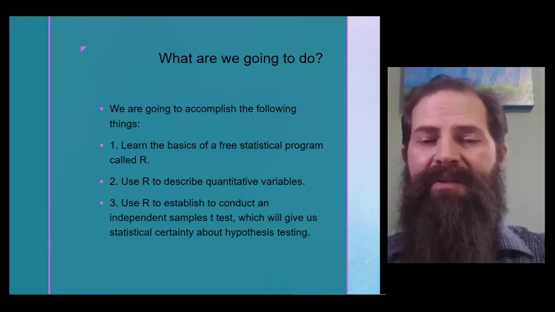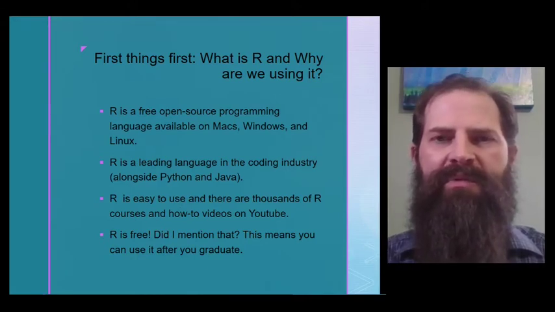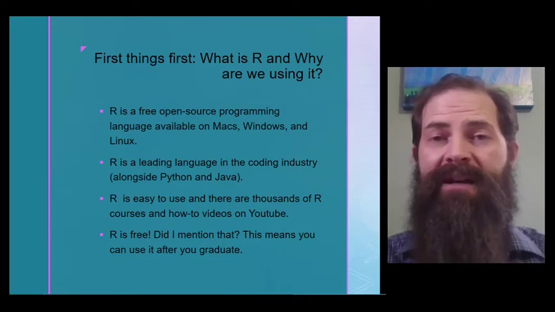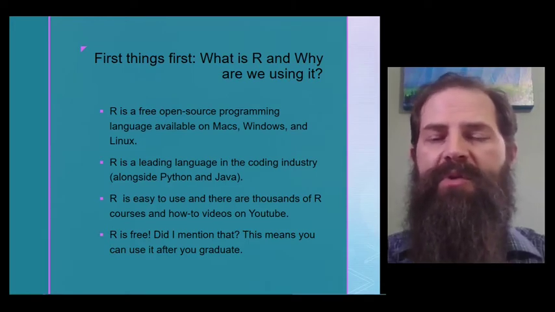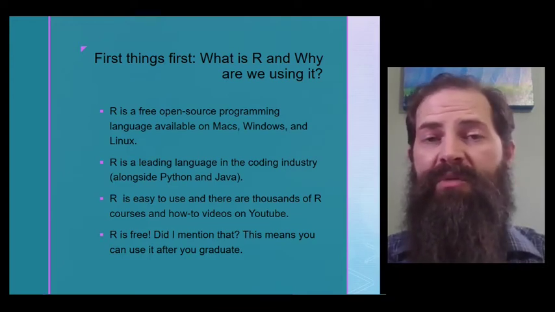We've tested our hypothesis. So let's talk a little bit about R, because R is going to be an important piece of this puzzle. Now, R is free. I can't stress that enough. It's always free. Nothing we download will cost you a penny here today. This is a free, open source programming language. Programming language means that this is something we can use to run computer programs, code, apps, and more.